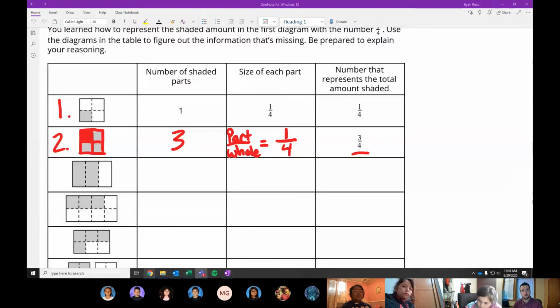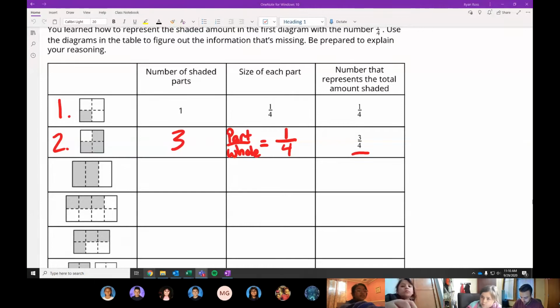I mean, you colored in one and you did part and whole, and one was shaded out of 4. So one part and 1/4. And then our answer was 3/4 because altogether it's 4, but 3 are shaded.